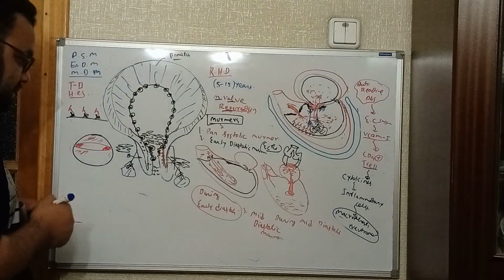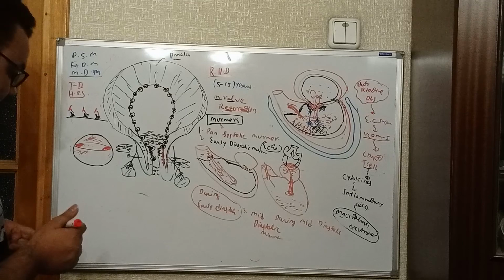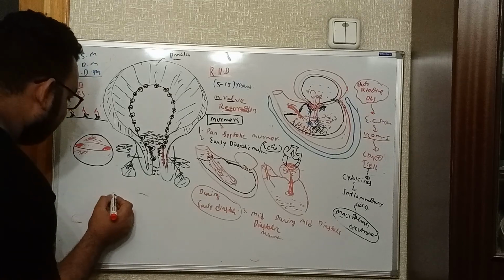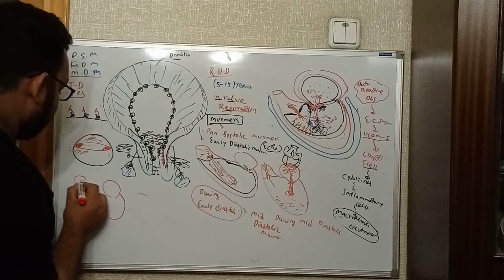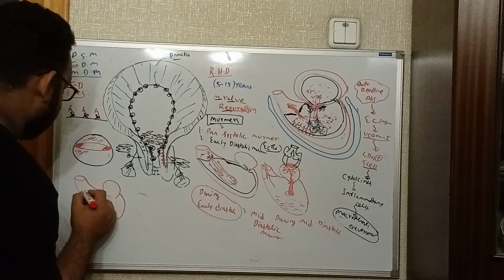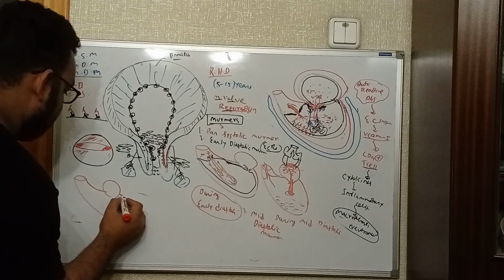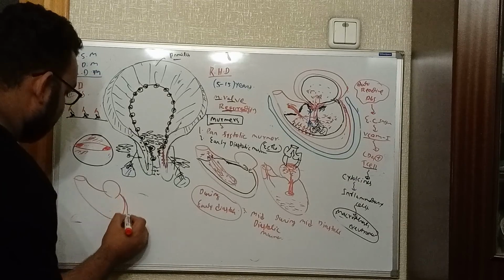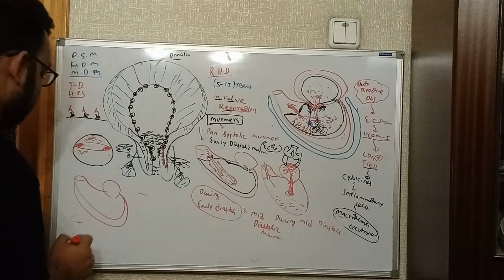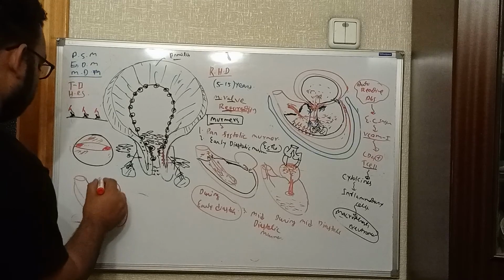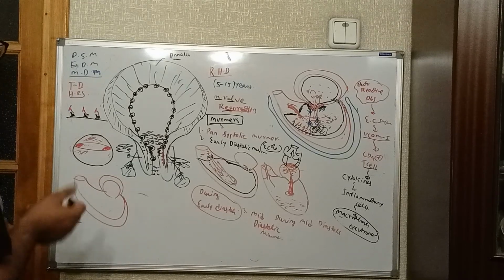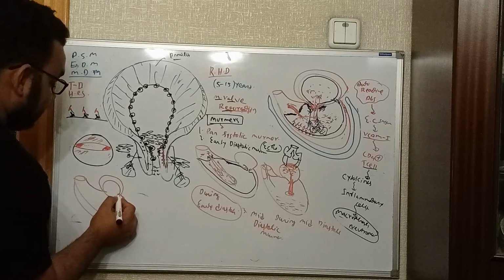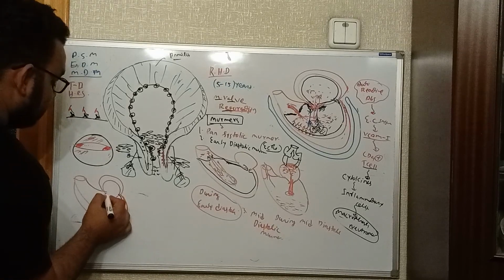Now let me just draw over here on top of the heart, for example, just like this. I'm not talking about the pericardium. Let's focus on the myocardium over here. Now let's suppose the endocardium is also covering these valvular structures over here.